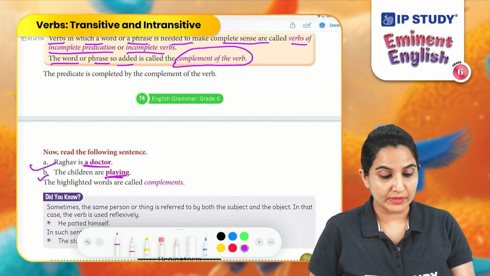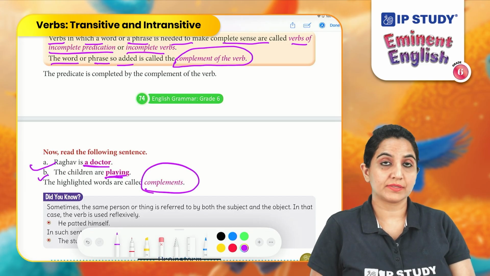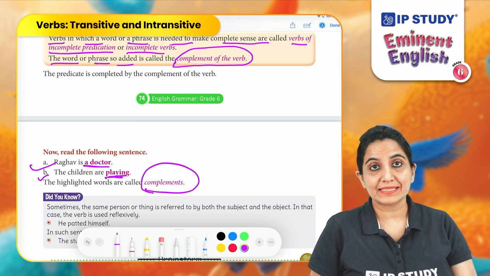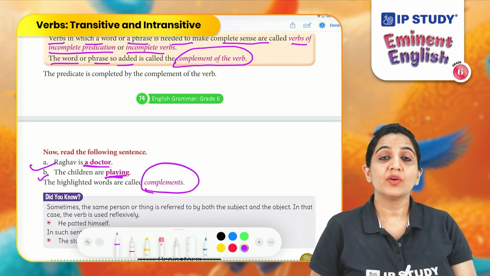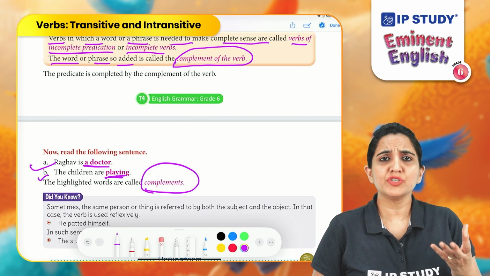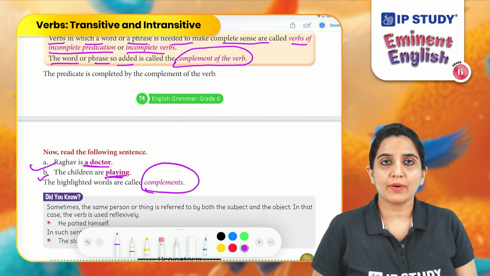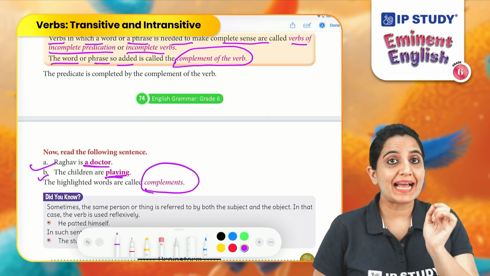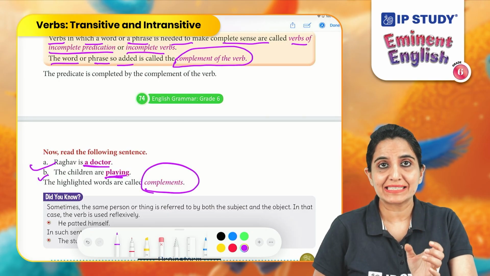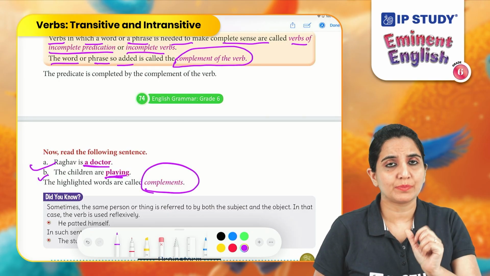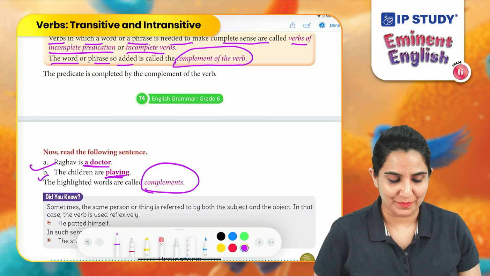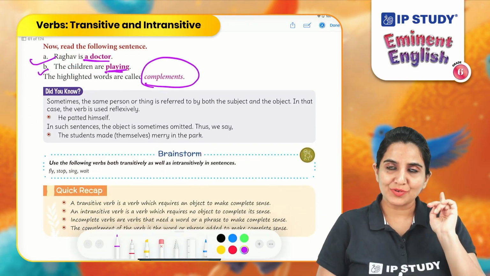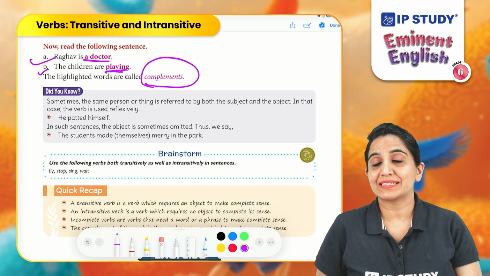The highlighted words are called complements. So sentences with intransitive verbs, which although do not require an object, do need a word or a phrase, and that word or phrase in the sentence which completes its meaning is called a complement. So this was all about transitive and intransitive verbs.